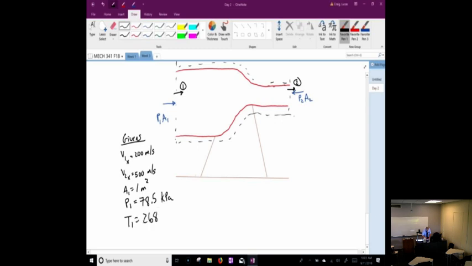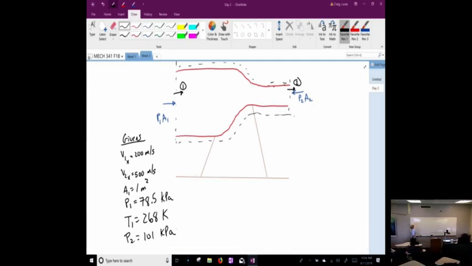Temperature is 268 K, and this is actually atmospheric again. They're sucking the air in at 1, pretty much. Creates a low pressure from the turbines.